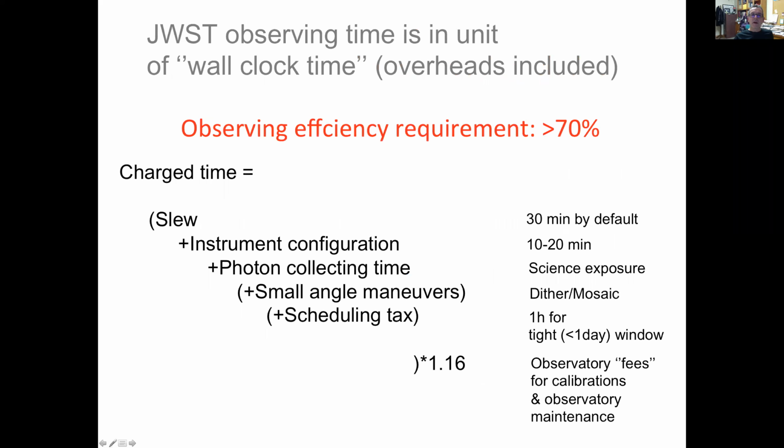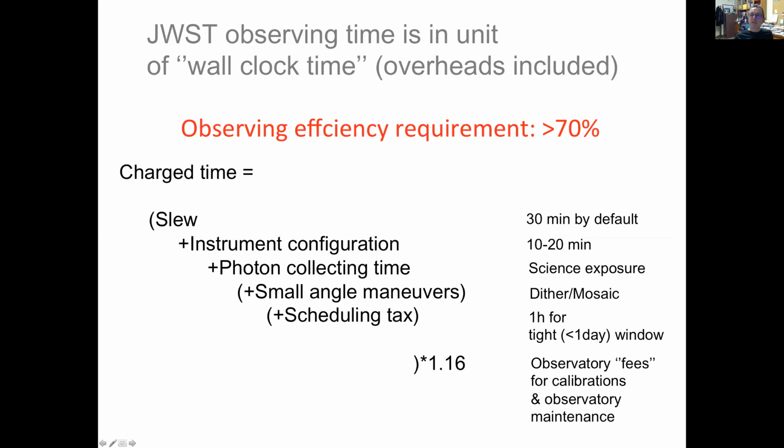One thing I want to mention is that the actual observing time unit in JWST is wall clock time. So what you will ask JWST for is wall clock time. Of course, the observatory is not 100% efficient. There are overheads, and typically we should be close to 70% observing efficiency.